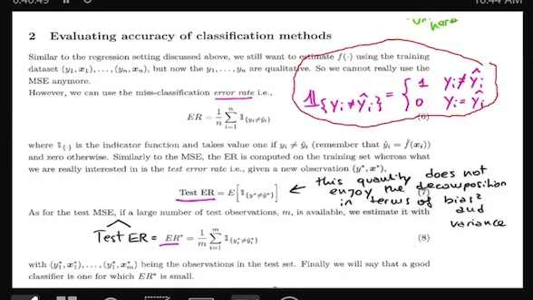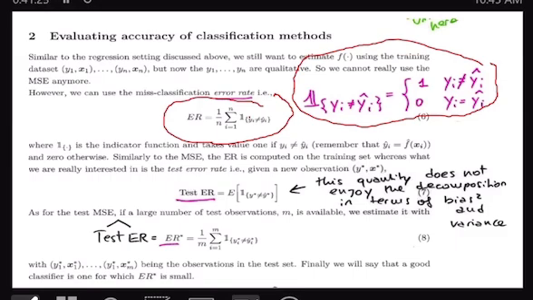Now, in that case, I'm going to have an indicator. If yi is equal to yi cap, I'm going to label that as 0. If it is not, I'm going to label it as 1. That is being categorized. Now the error rate is going to be the sum of the indicator where yi is not equal to y cap, and then I divide by n.